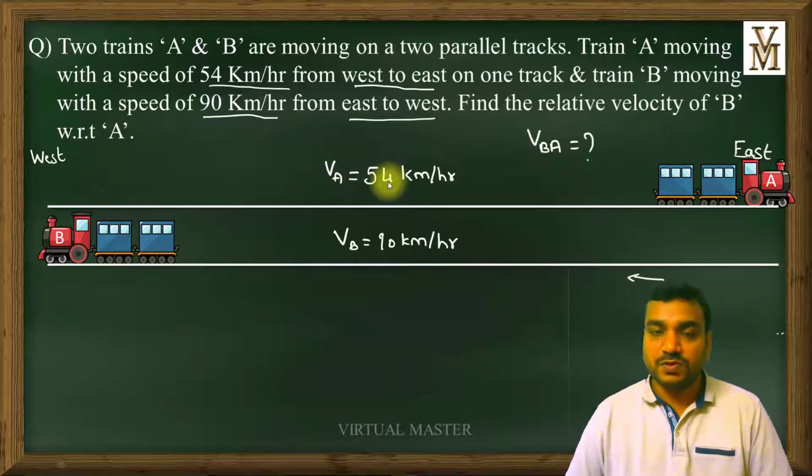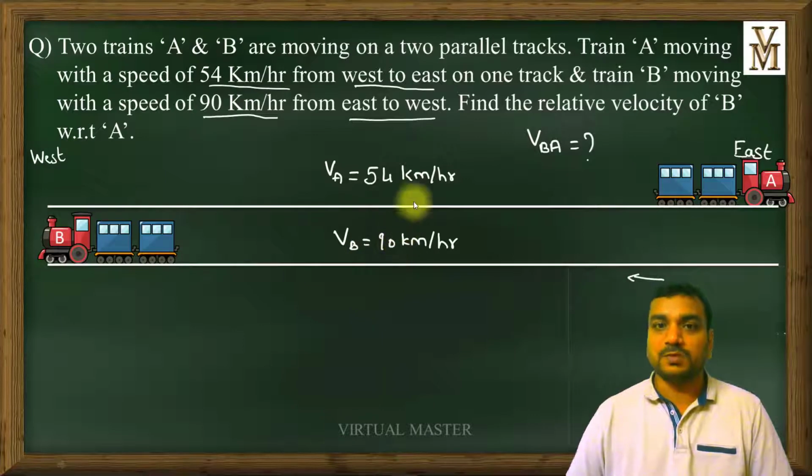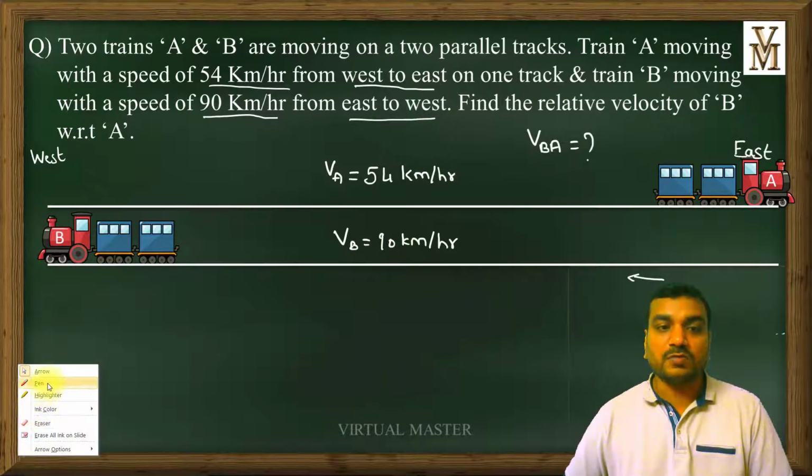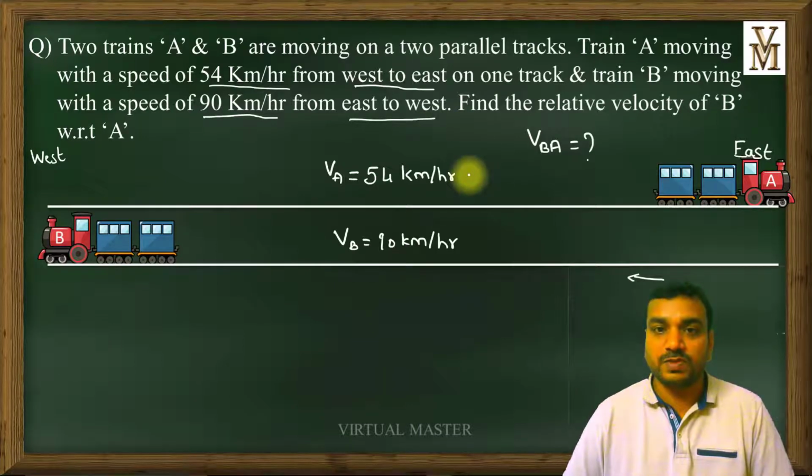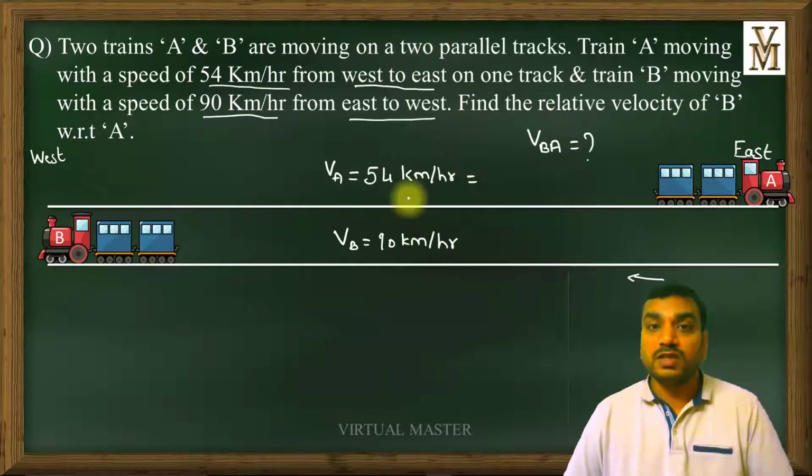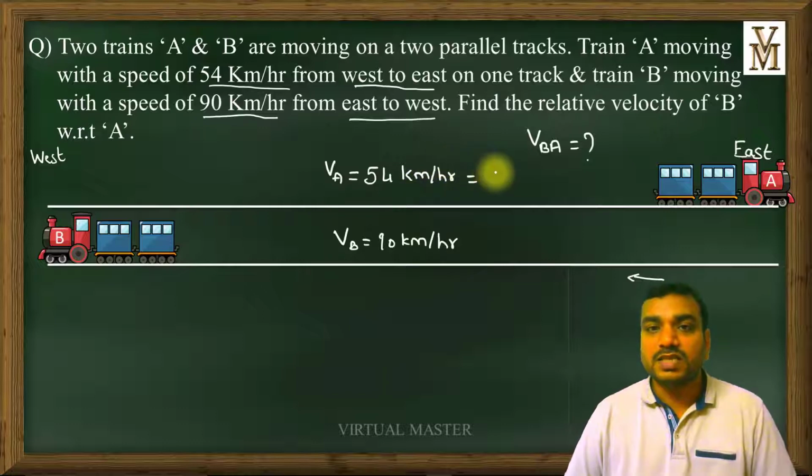Train A's speed is 54 km per hour and the speed of train B is 90 km per hour. Since the values are given in kilometer per hour, we have to convert them into meter per second for simplification. How to convert into meter per second? Just multiply by 5 by 18. 54 into 5 by 18, 18 threes are 54, so 3 into 5 will be 15 meter per second.